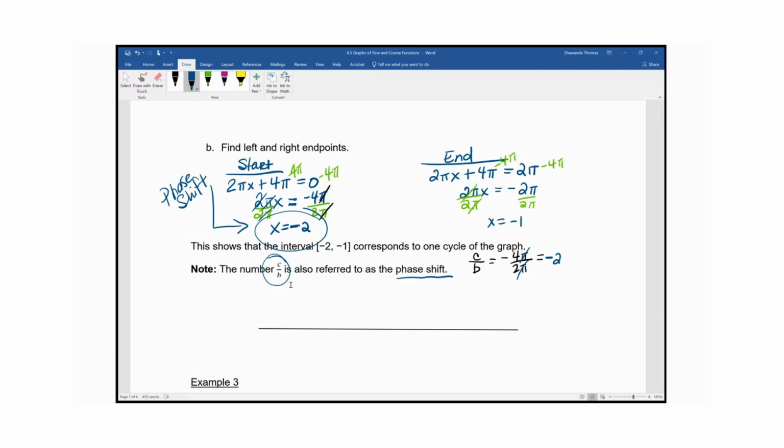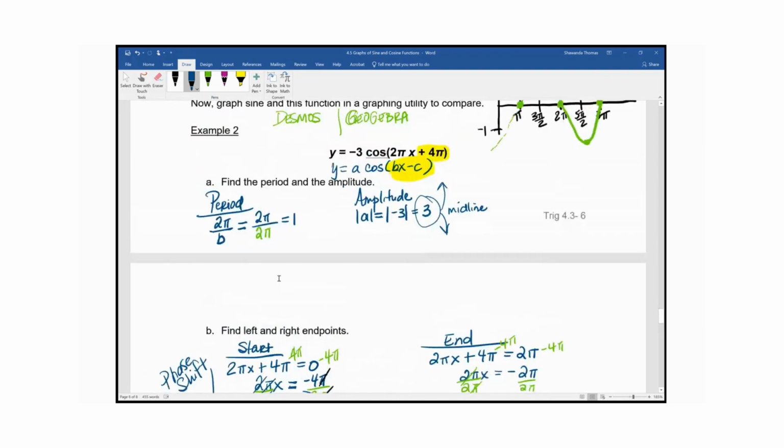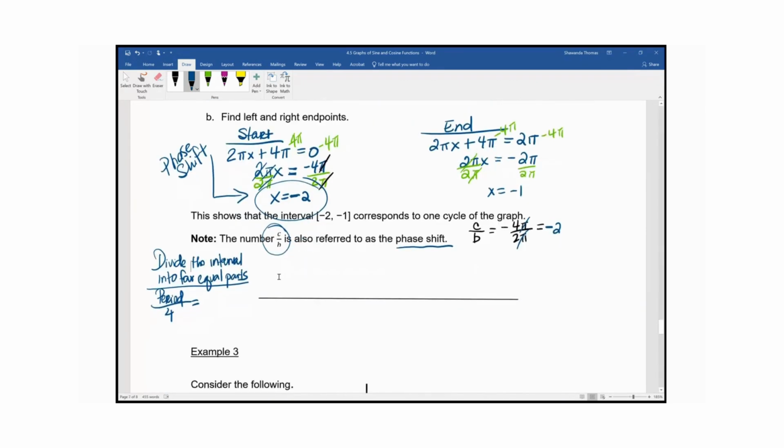So divide the interval into 4 equal parts. I'm just going to put period divided by 4. What was our period? 1. Okay, 1 divided by 4, so that's 1/4.